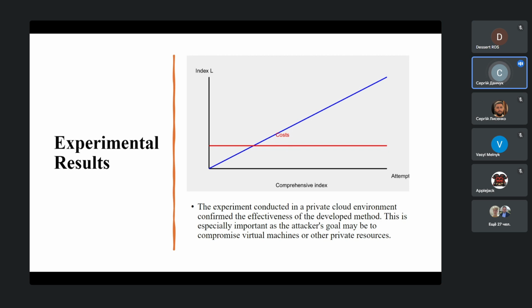These indicators together represent the comprehensive countermeasure selection index L. Note that countermeasures with a high compromising index correspond to more serious measures that can potentially alter nearly the entire infrastructure of a virtual cloud environment.